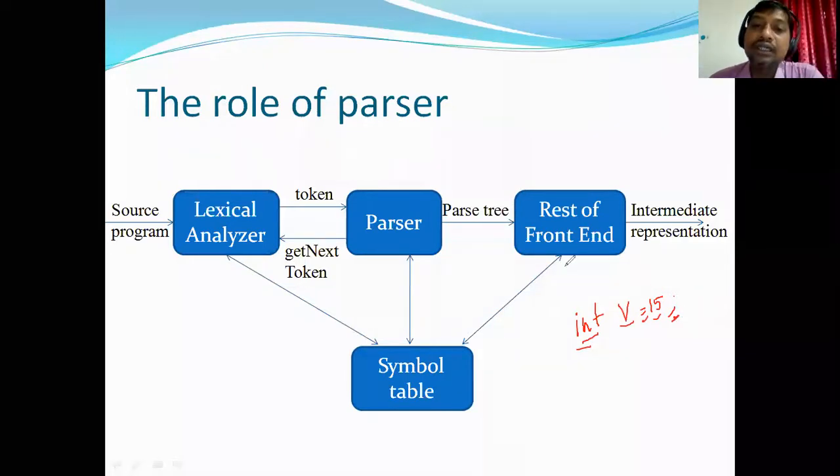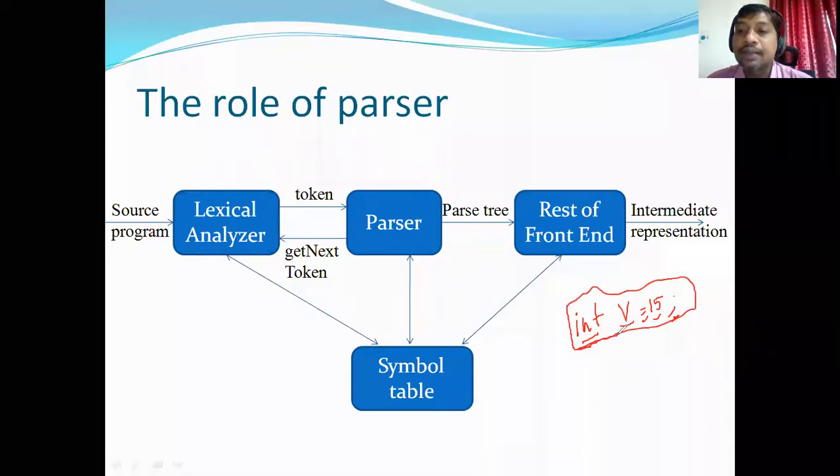Okay, here the parser has to check whether all these statements are arranged properly or not. Okay, all the vocabulary, all the stream of tokens generated from the lexical analyzer, are they arranged or structured as per the rules of the programming language or not. Okay, say suppose, let us assume, if the lexical analyzer produces a stream of tokens in this format: b 15, b followed by space followed by 15.